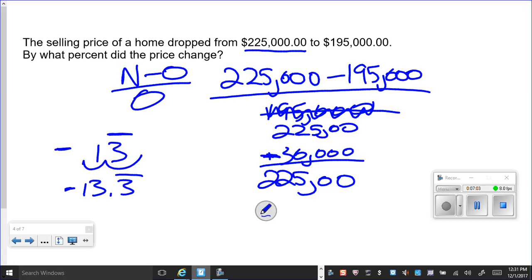How do we make this a percent? Remember, when we're writing a percent, we do not write it as a decimal that repeats. We change it to a fraction. So we must come up with the fraction that best represents 0.3 repeating, and that's going to be negative 13 and a third. And because it's negative, that means that it was a 13 and 1/3% decrease.